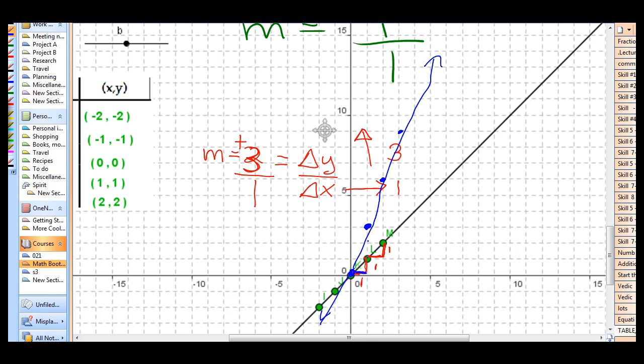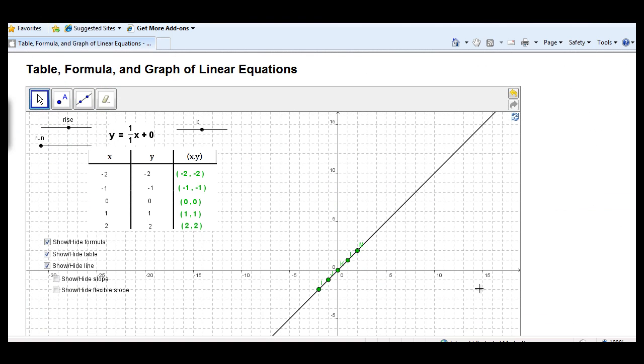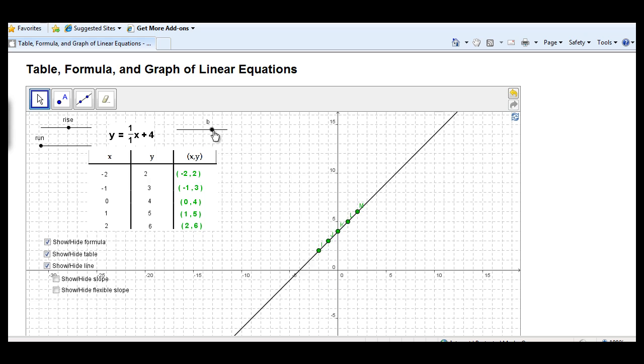And yes, I could easily go here. If I change my y-intercept, which is this one here, you see it changes here. Now it's at 7, and the line moved up 7.